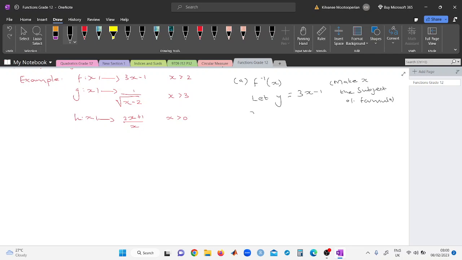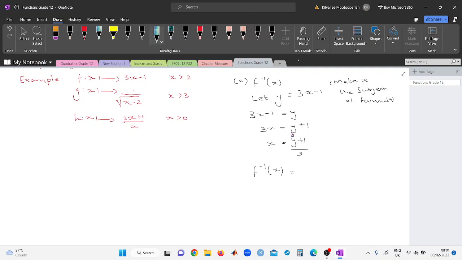So, ça, on est capable d'écrire comme 3x minus 1 equals y. The minus 1, on va aller de l'autre côté pour un plus 1. So, y plus 1. x is equal to y plus 1 over 3. Donc là, je finis x in terms of y. Now, how do I find the function f inverse of x?